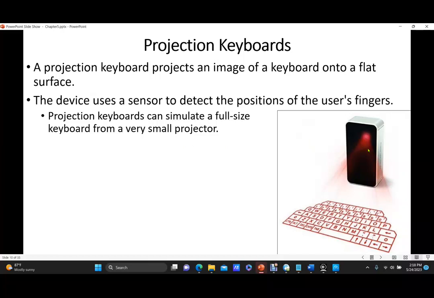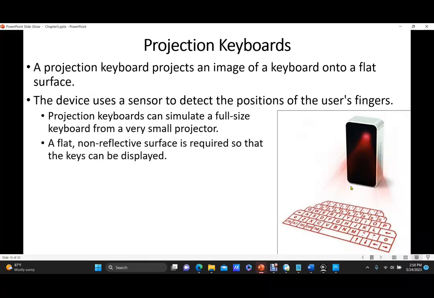The projection keyboard can simulate a full-size keyboard even with a very small projector. Of course, it requires a flat, non-reflective surface that allows the images of the keys to be displayed.